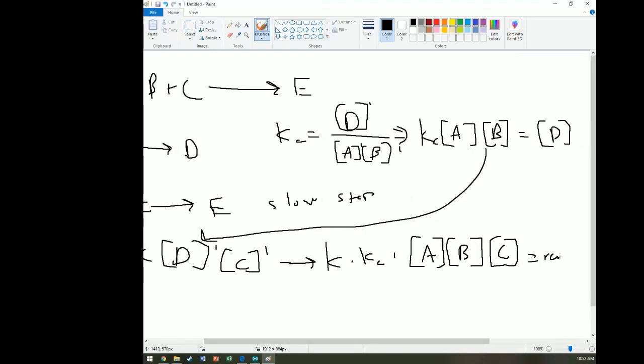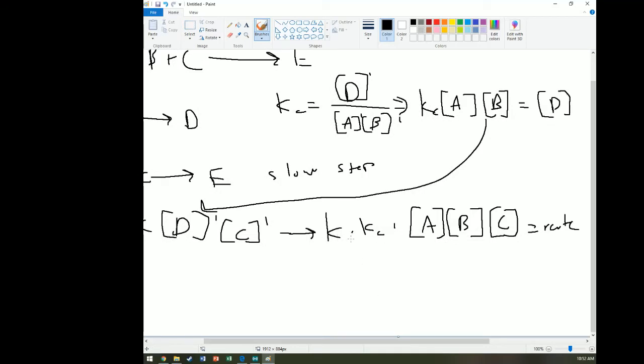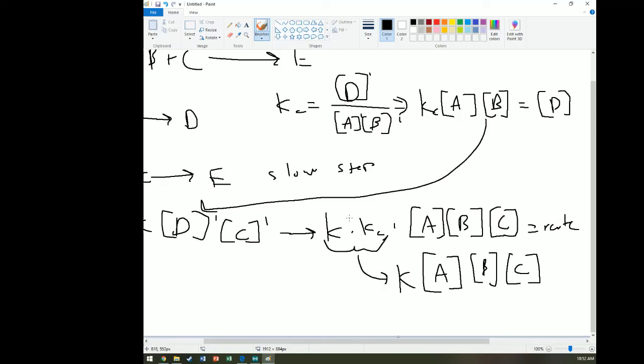equals rate. However, these are just arbitrary constants that we don't know, so let's combine these two into another arbitrary constant, which I will just call k for the sake of being lazy. We therefore get k times A times B times C. That's off from the convention, however you just factor these things together to get this k.